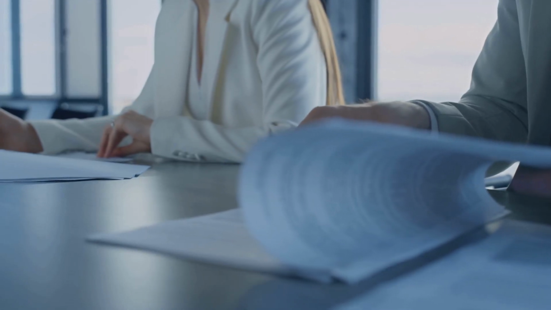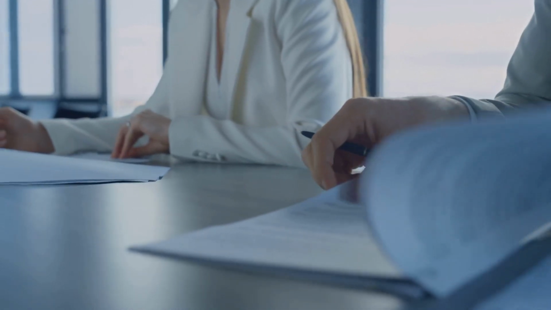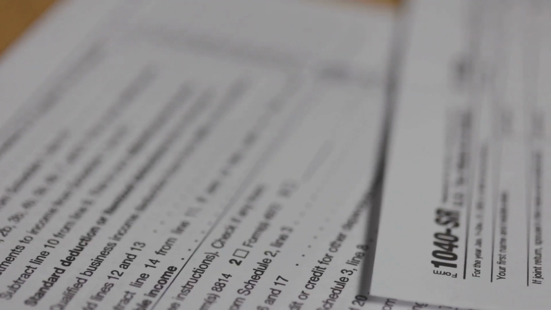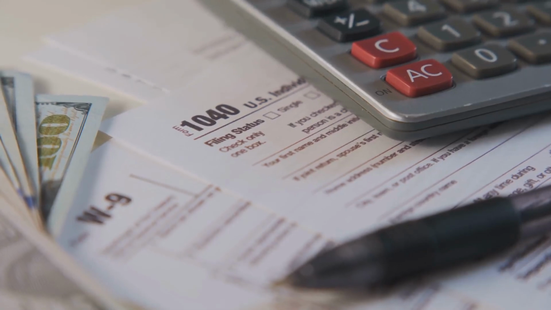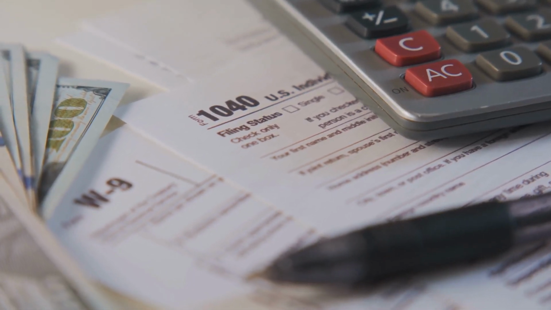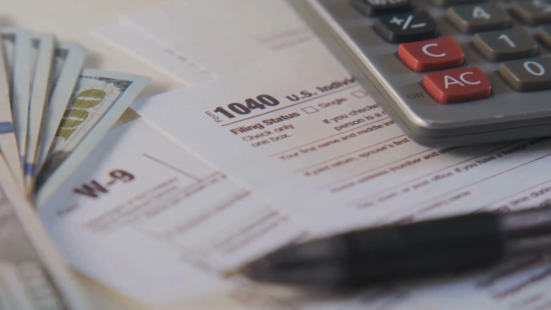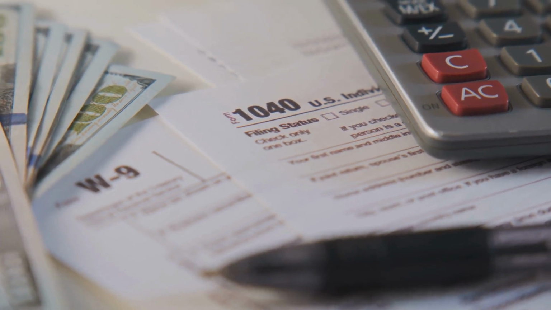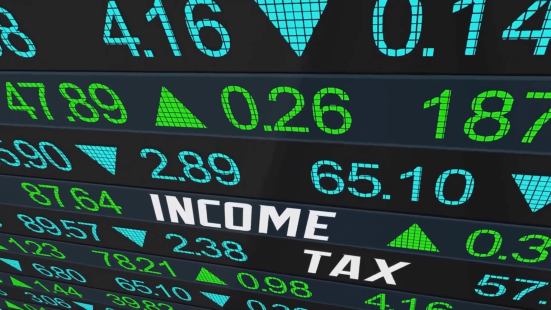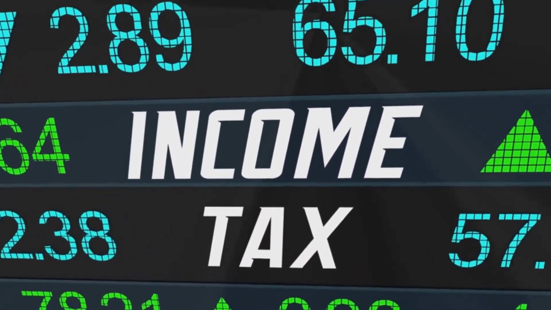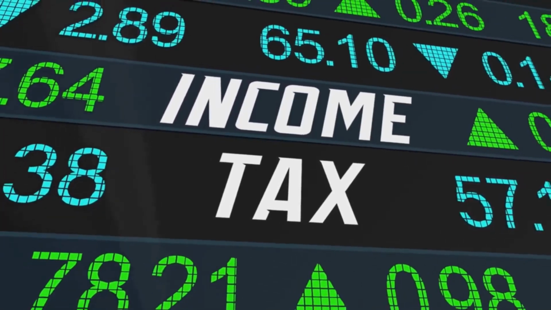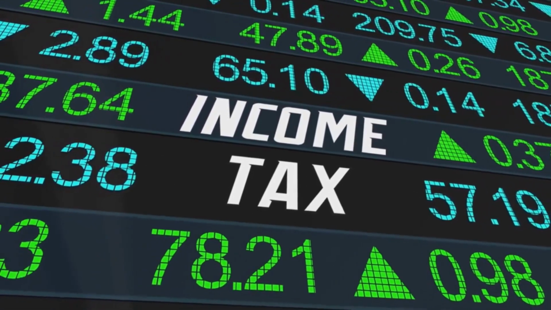Just make sure to talk to a tax advisor before making this move. Another option is depreciation. Even if your rental properties are producing positive cash flow, you can still claim depreciation deductions to create a loss. This can significantly offset your taxable income, so even if you're making money from rent, depreciation can keep your tax liability low.